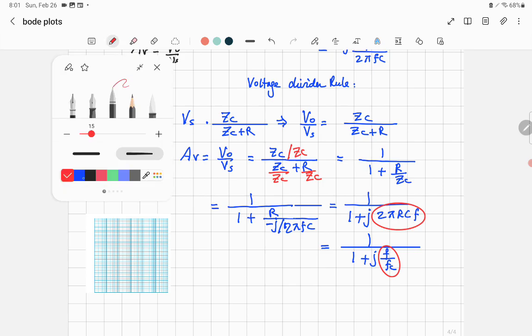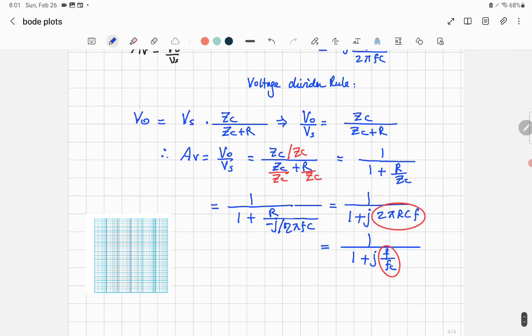So I will equate them to know what my fc is. 2 pi r c f equals f over fc. So f cancels f, and 1 over fc equals this. So I get fc equal to 1 over 2 pi rc.